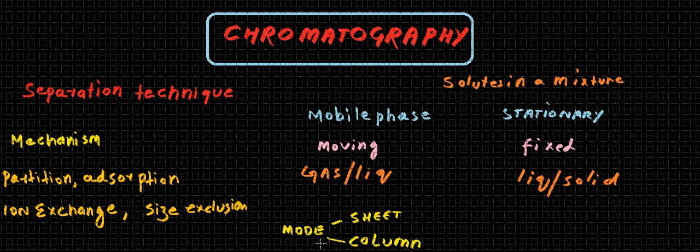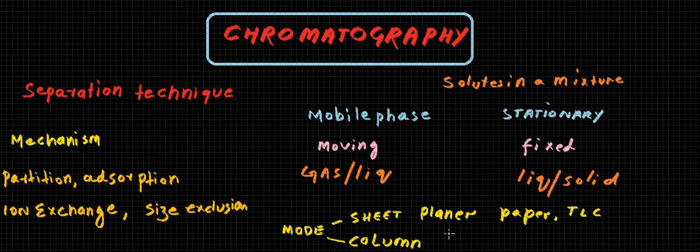As far as the mode is concerned, chromatography can be done by sheet method, which is commonly referred to as planar method as well, and it includes paper chromatography as well as thin layer chromatography or TLC, whereas it can be carried out by column, where the stationary phase is packed and the mobile phase is moved through the stationary phase, and solute interacts with both mobile phase and stationary phase and gets separated.